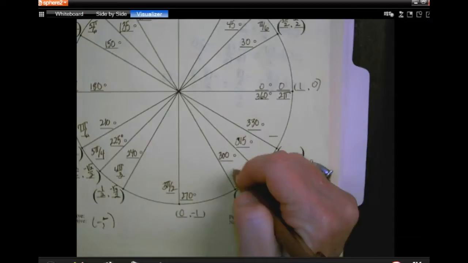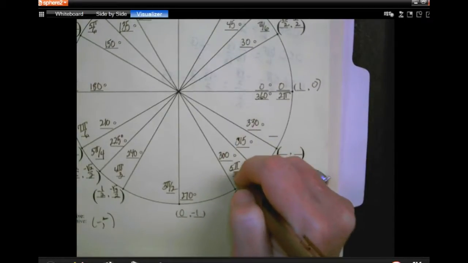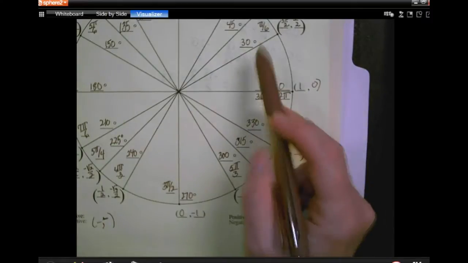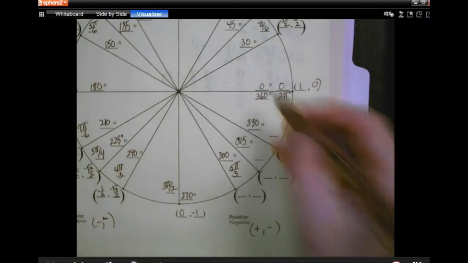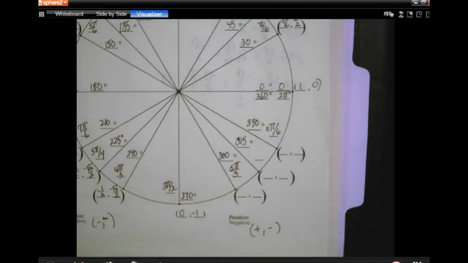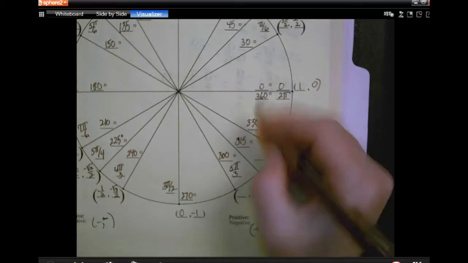So that's 5 pi over 3. 330 is how many 30s? 11. Oh. And I know this is scary, but has somebody counted up the 45s? Oh, thank you.